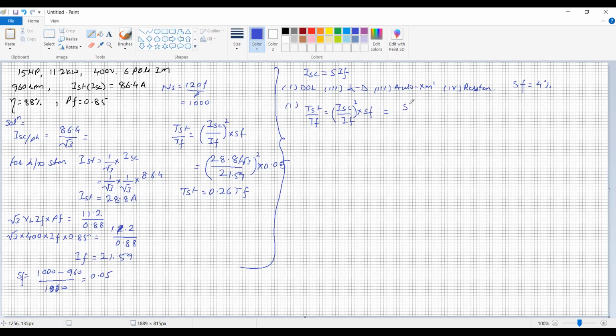It is 5 times full load current divided by full load current, bracket square, into 0.04. So here this gets cancelled. So 5 square is 25 multiplied by 0.04, just a calculation.